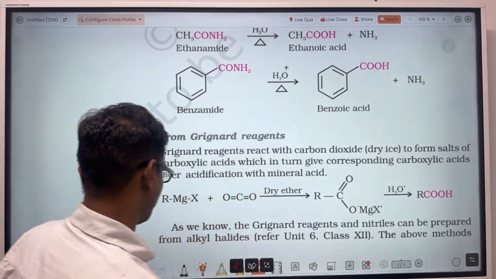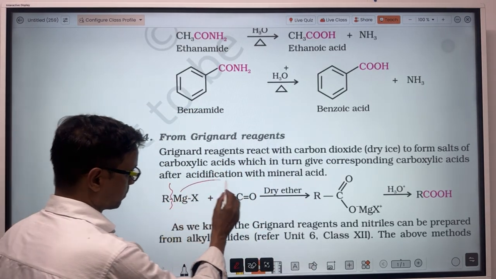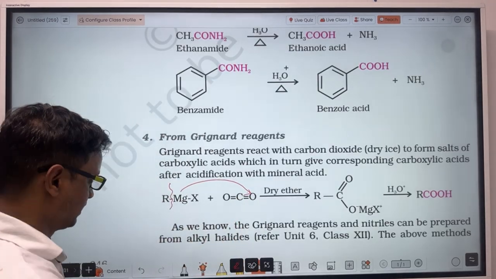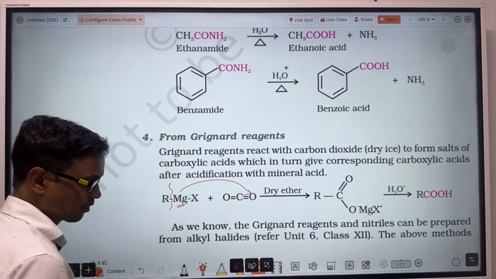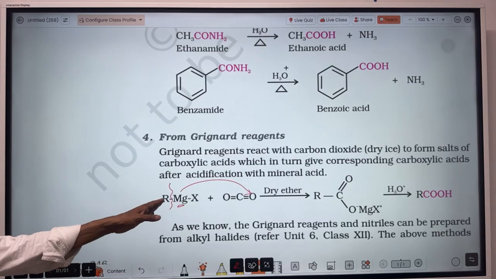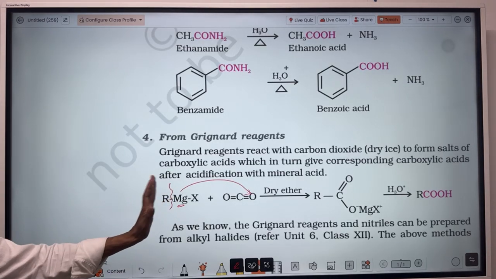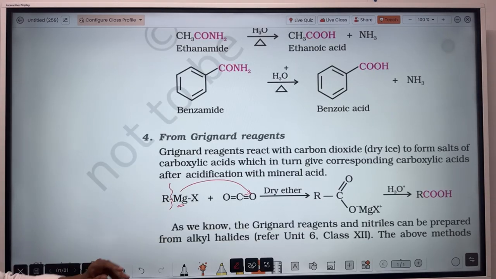Let's see here. So our bond will dissociate from here. Magnesium will go to one oxygen here, and this alkyl part goes to the carbon. Why? Because magnesium is the positive part, and when the bond dissociates between the carbon of the alkyl and the magnesium, magnesium is the positive part as it is a metal and carbon will be the negative part.